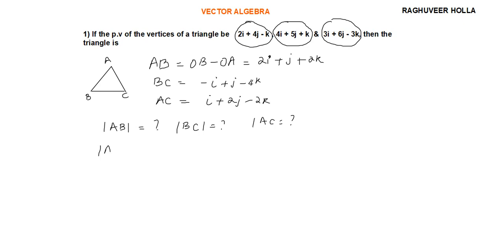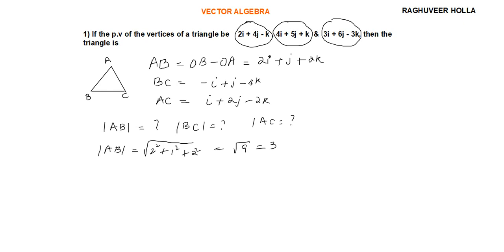First let us find AB. That is square root of 2 square, and 1 square, and then again 2 square. So let us compute that. I get square root of 9, which is 3.